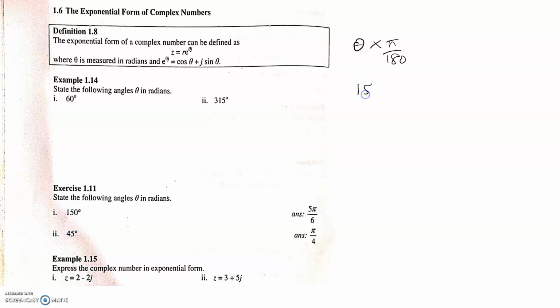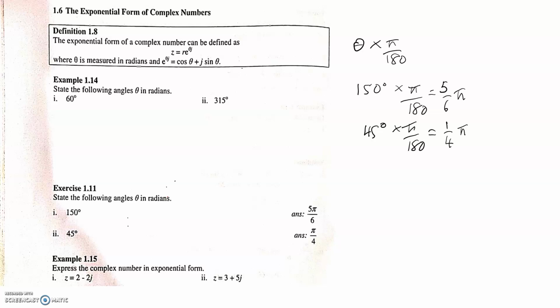So 150 times pi over 180, which gives us 5 over 6 pi. The same goes for the second question: just simply times 45 with pi over 180, and it will give you 1 over 4 pi, or pi over 4.